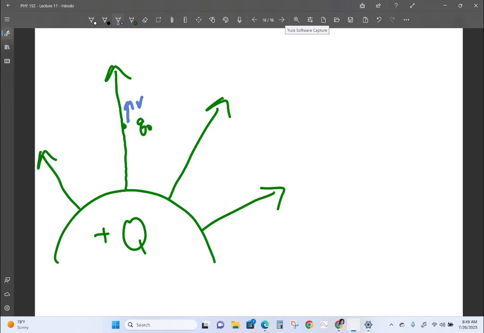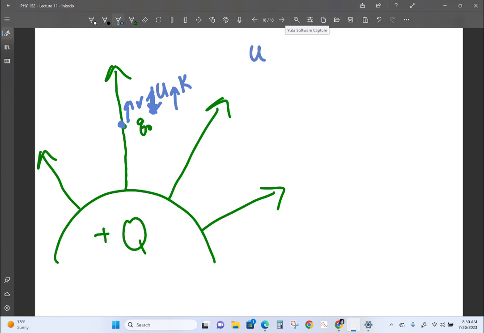And as it does, we're going to use that same rule. If it moves in the direction of the field line, it's going to lose potential energy, but gain kinetic energy. It's going to lose potential energy, but it's going to gain speed. So we can calculate the potential energy at that point the same way that we did the other one.